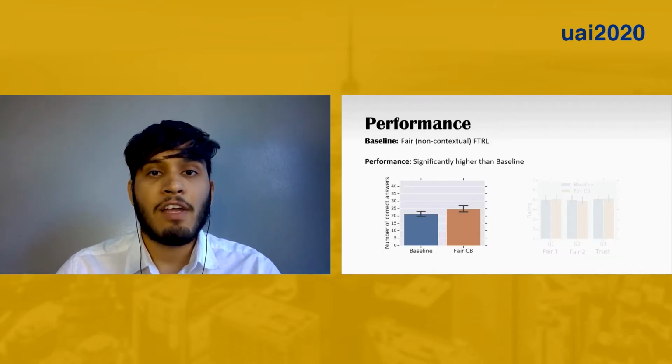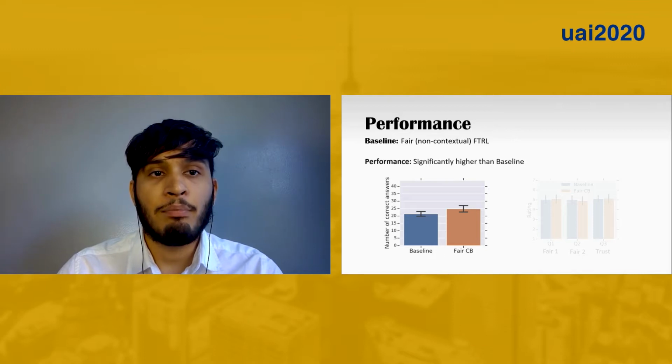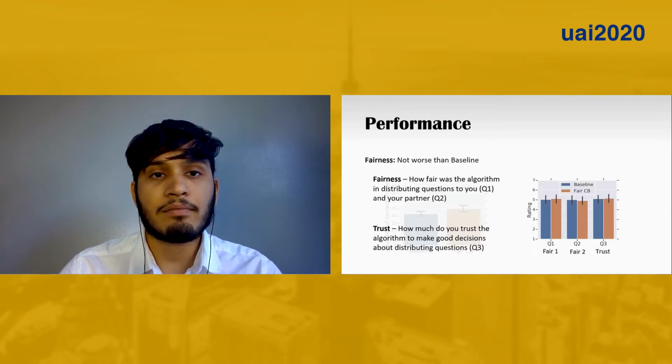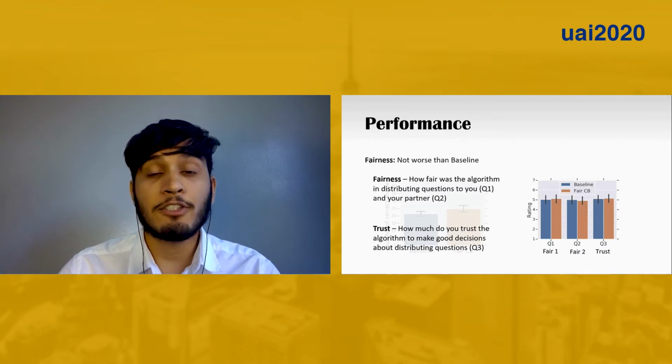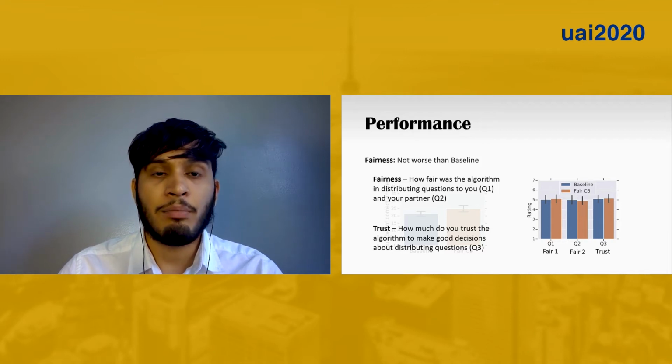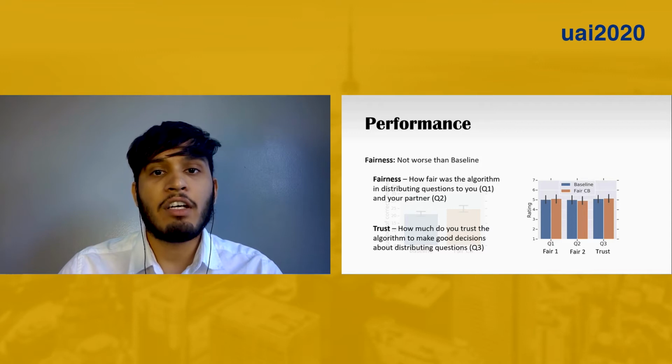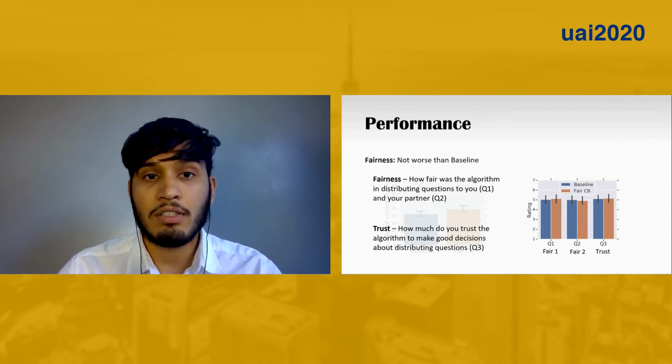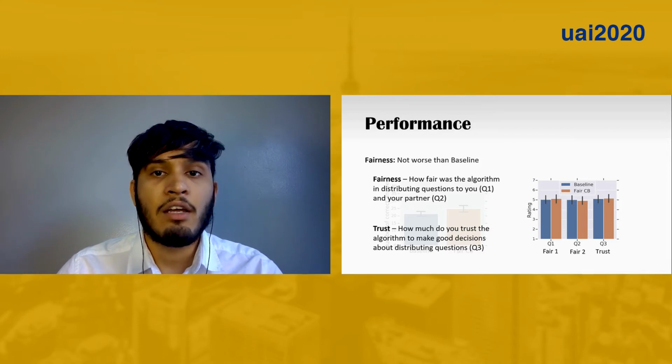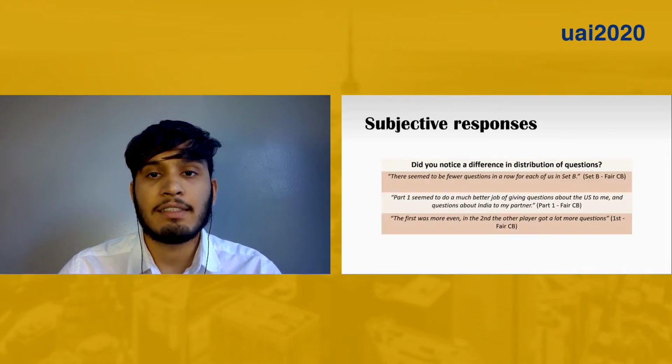Now, compared to a fair non-contextual FTRL, a t-test showed that the fair CB algorithm performs better as it chooses users based on their losses in each context. Additionally, in response to questions about the fairness of the algorithm in distribution questions and the trust of the users in the algorithm compared to the baseline, the ratings provided by the users for fair CB on a 1 to 7 Likert scale were not worse than the ratings for baseline, measured by a non-inferiority test.